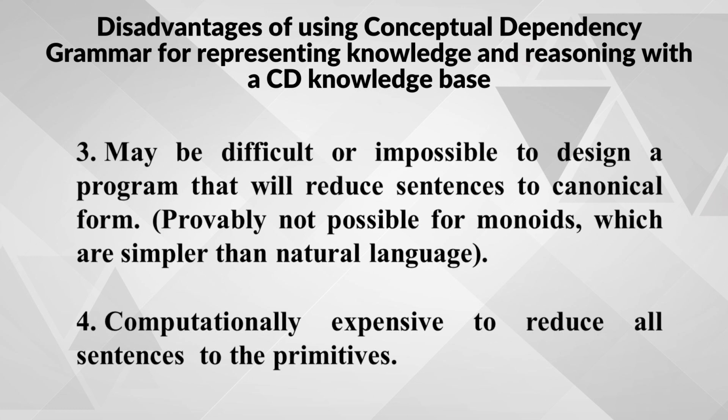Additionally, the computational process of reducing all sentences to their primitive constituents can be resource intensive and computationally expensive. This complexity could potentially hinder the efficiency of the system and make the practical implementation of conceptual dependency based sentence reduction cumbersome, especially in scenarios involving large volumes of sentences or complex linguistic structures.